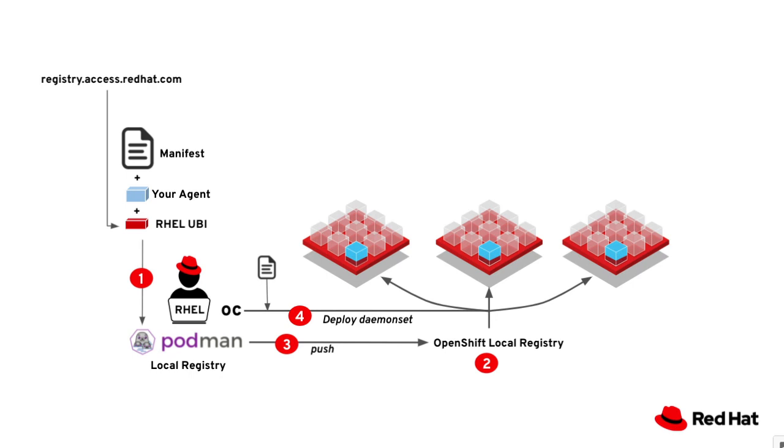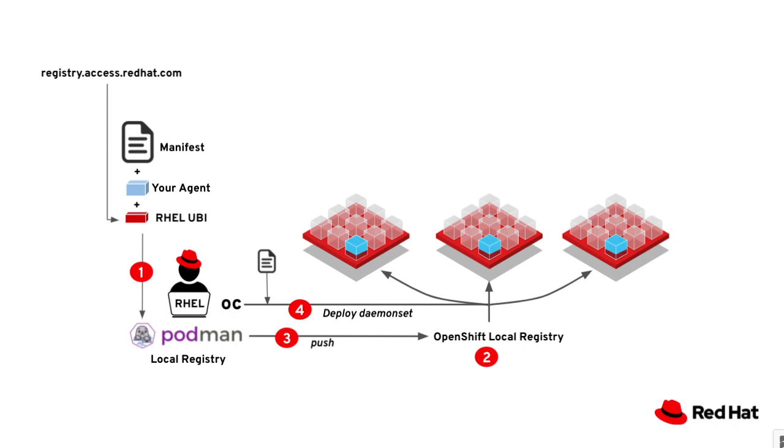So the first thing we're going to do, step 1, is we're going to take a manifest with the RHEL Universal Base Image, otherwise known as UBI. We're going to bundle in an agent in an RPM format, and we're going to build a container. We're going to store that in the local registry on our RHEL host, which is actually just my laptop.